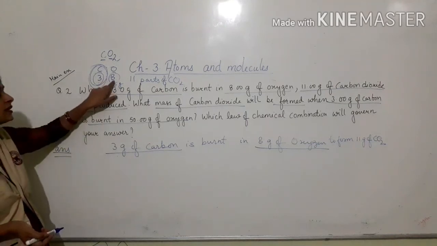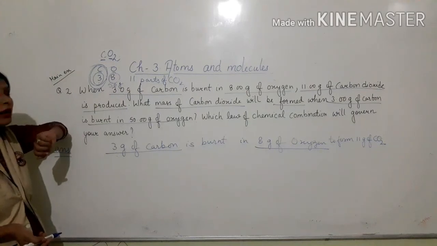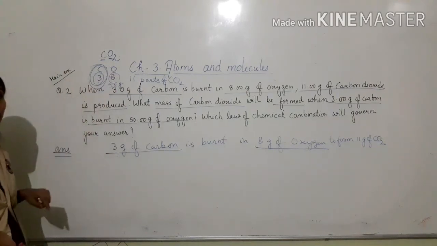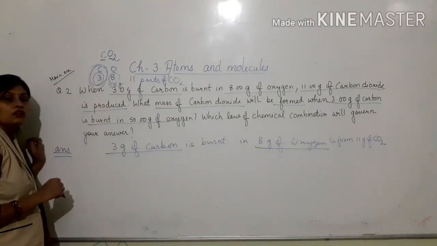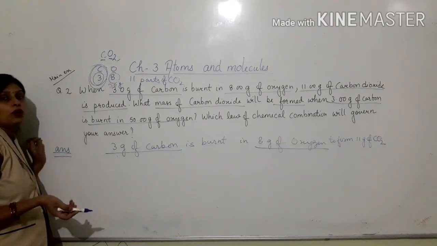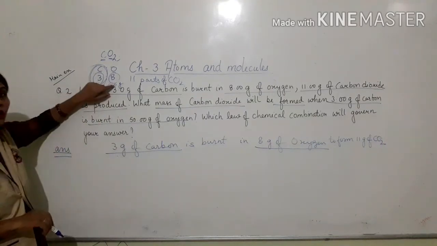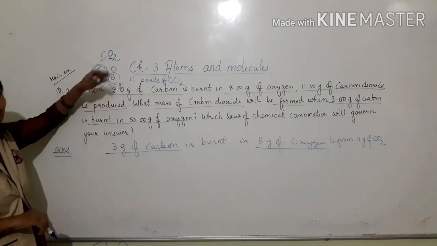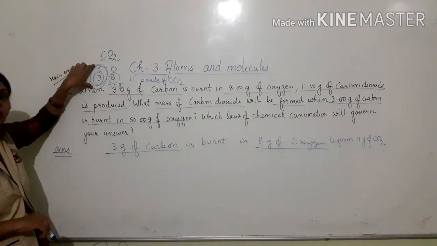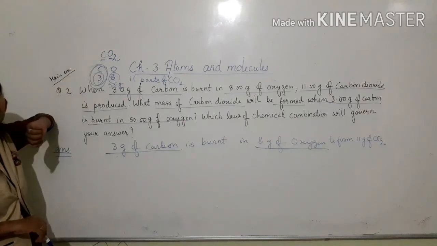If you are increasing the mass or amount of oxygen for carbon, then the amount or mass of carbon should also be increased, so that their increased amounts can react with each other. Here you are only increasing the amount of oxygen from 8 gram to 50 gram, but the amount of carbon remains same, that is 3 grams of carbon.